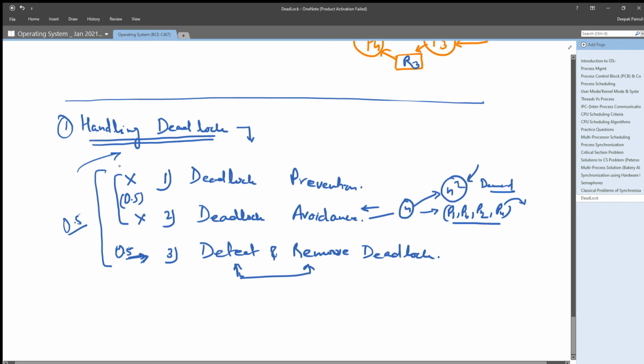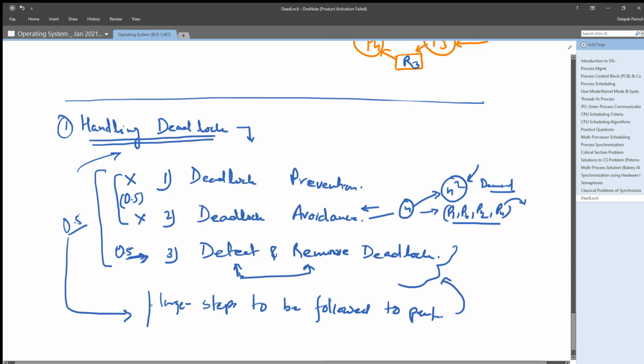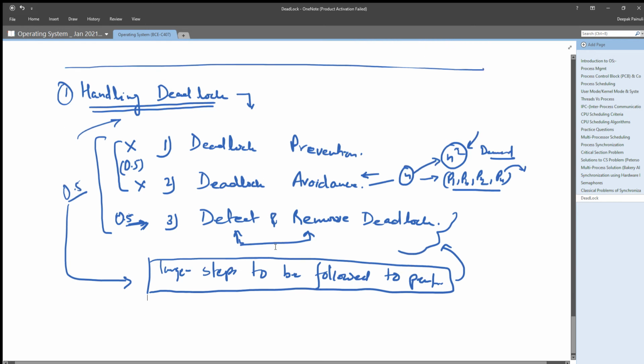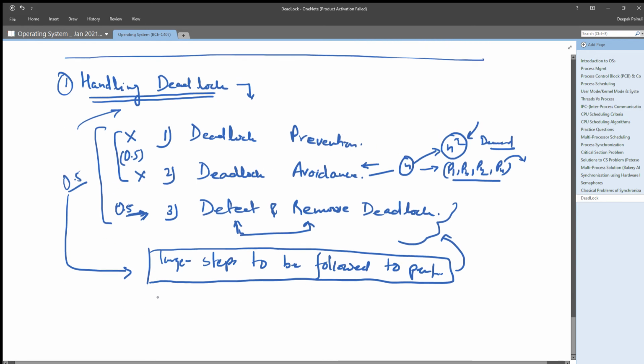Why is it so? Because all three techniques need large steps to be followed to perform these handling techniques, right? If the OS is engaged in these steps, then the OS will not perform efficiently.